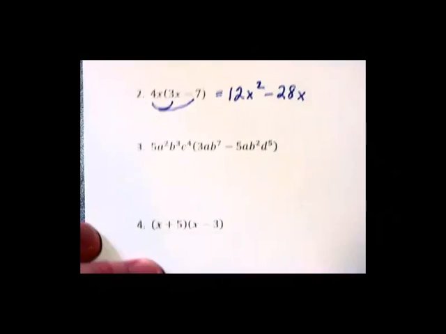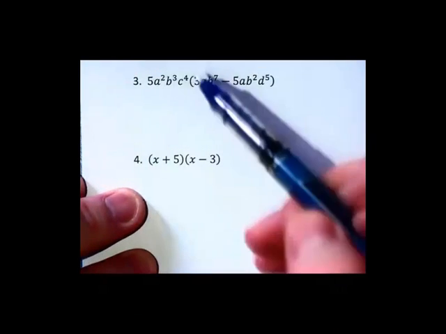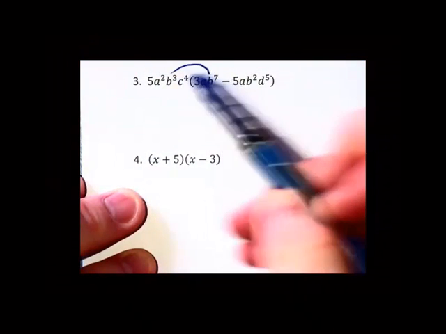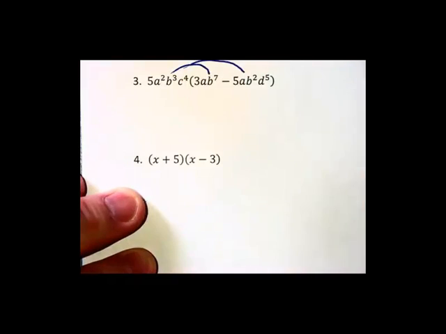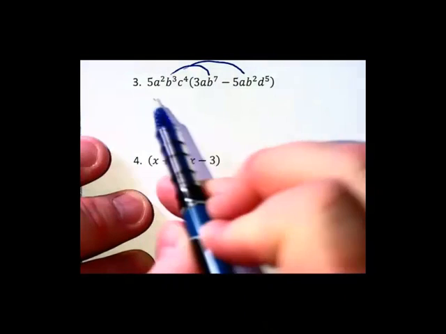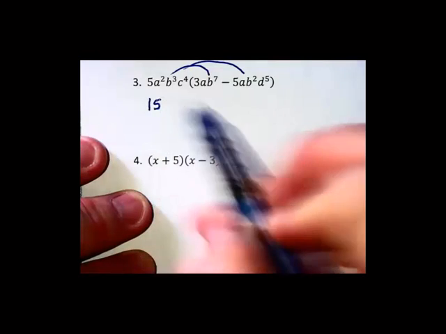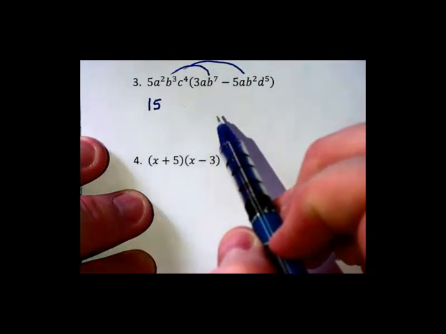In problem number 3 here, we are going to again have distribution with this more complicated expression out in front multiplying into the parentheses. And we again multiply the coefficients first. 5 times 3 makes 15. And then for each variable we add exponents.